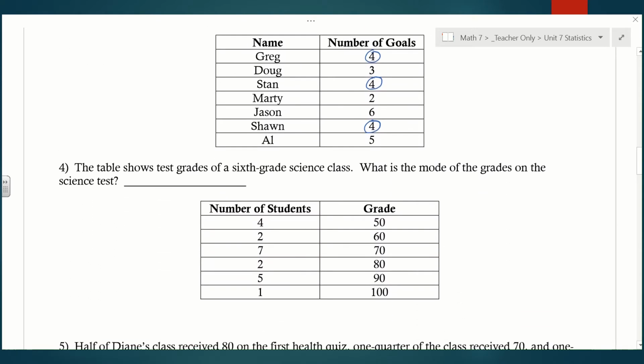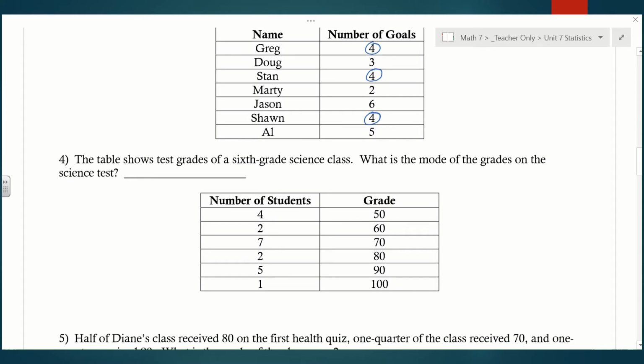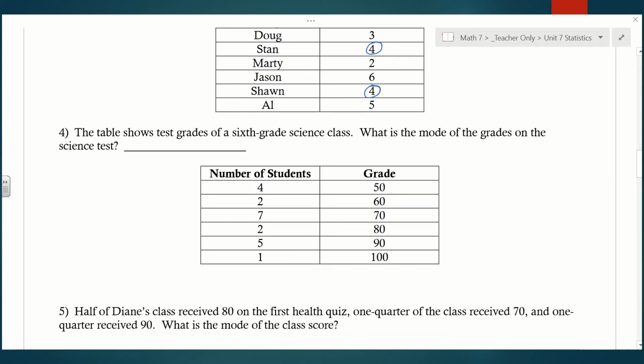Okay, number 4, the table shows test grades of a 6th grade science class. What is the mode of the grades on the science test? Okay, so looking at the table, we can see that 4 students received a grade of 50, 2 students received a grade of 60, 7 got a 70, and so on. And so if you think about this as a list of grades, and I'm not going to write all of this out, but just to kind of give you an idea.